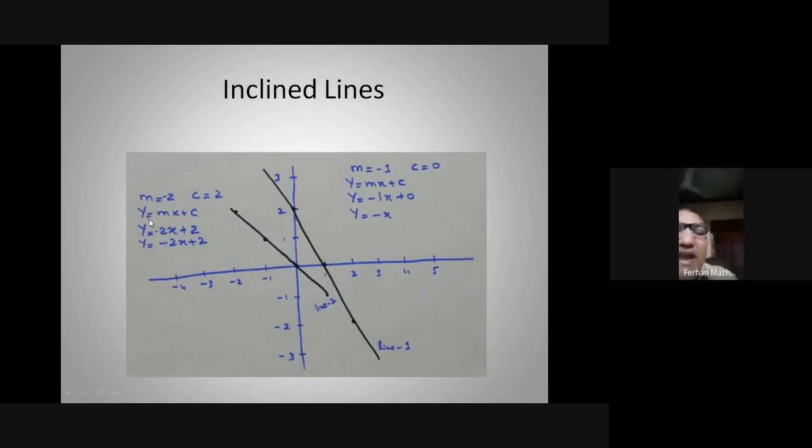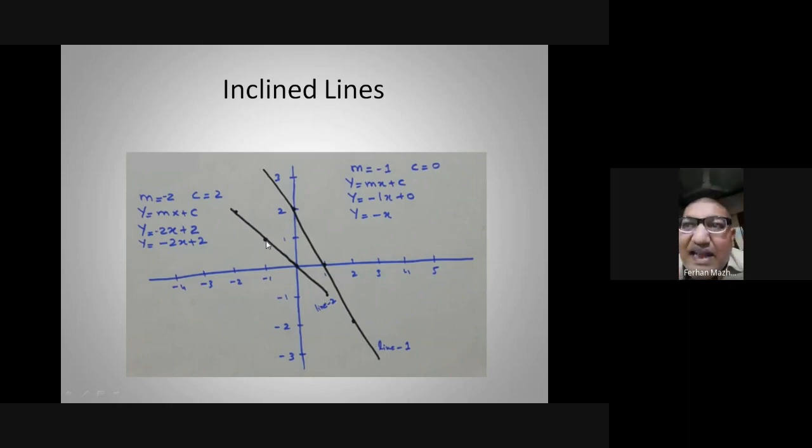I will write y equals mx plus c, and then I will substitute the value of the m and the c. The value of the m is minus 2, the value of the c is 2. Just substitute these values in that formula, which is y equals mx plus c. And you will get the equation y equals minus 2x plus 2. So this is the equation for this line.